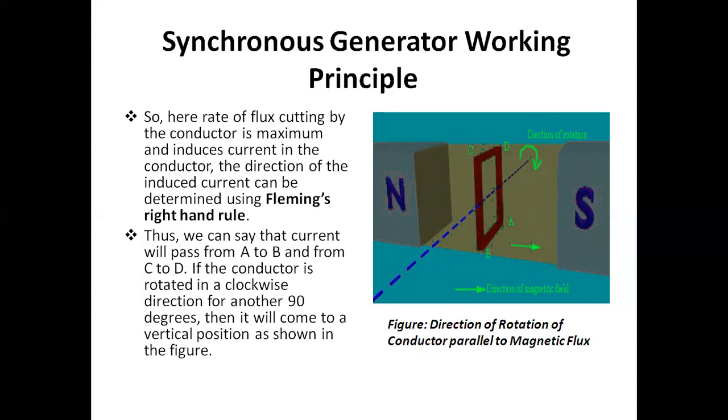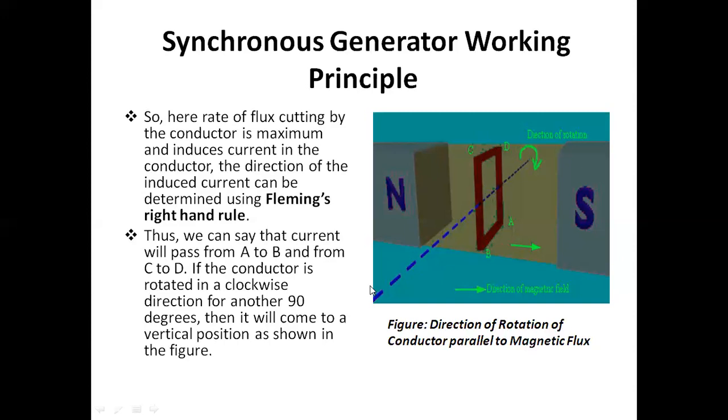We can say that the current will pass from A to B and from C to D. The magnetic field is from north to south, and this is the direction of rotation. We will see that in the next slide. If I apply Fleming's right-hand rule, the direction of the current will be from A to B to C to D.